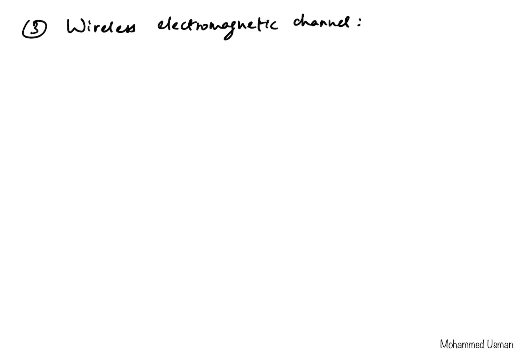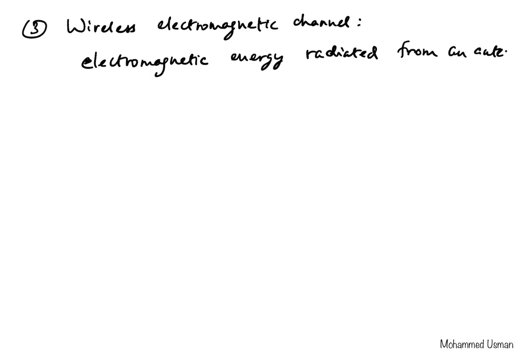Typically electromagnetic energy is radiated by an antenna, and the receiver antenna captures that electromagnetic energy, and then demodulates and detects it to get back the original signal or data.